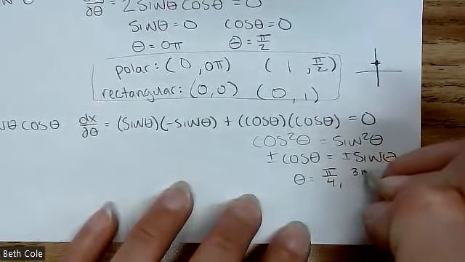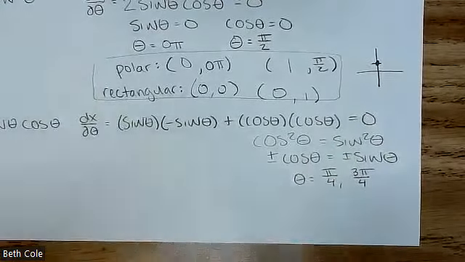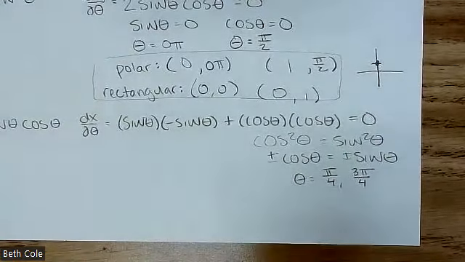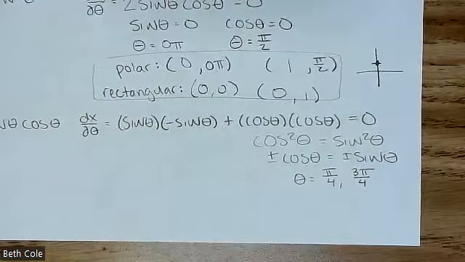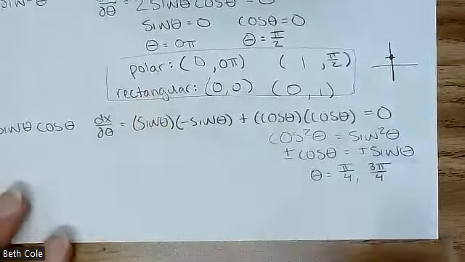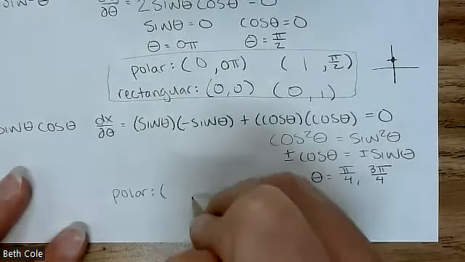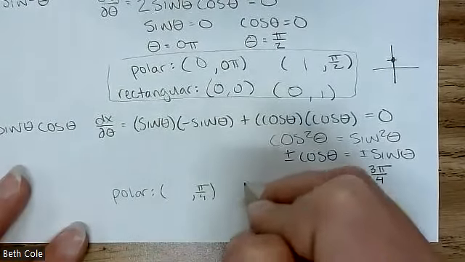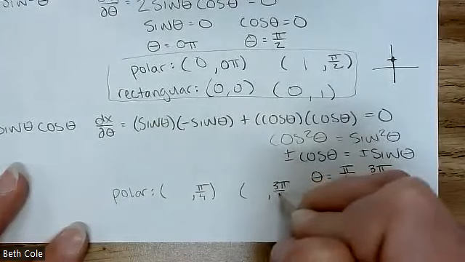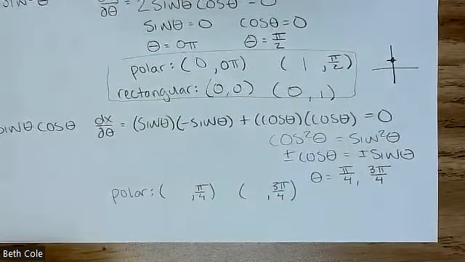Good. Pi over 4 and 3 pi over 4. Because that's where you get the square root of 2 over 2. Okay, good. They asked for them in polar and rectangular. So let's do the polar first. It's going to be something comma pi over 4 and something comma 3 pi over 4. What's that?